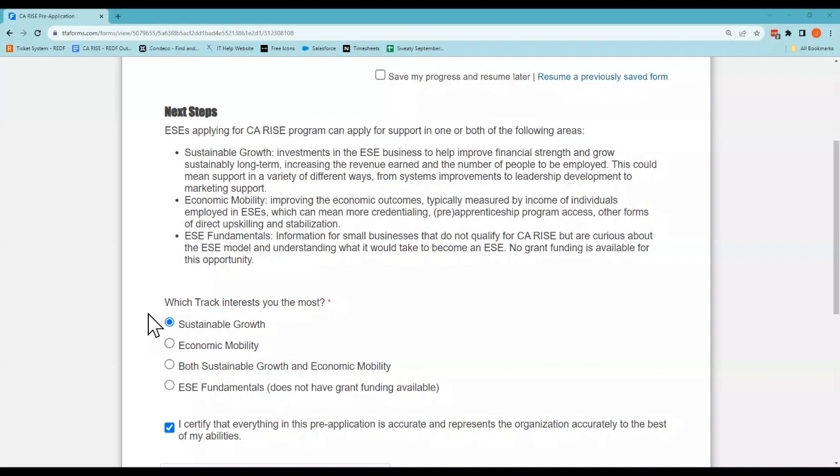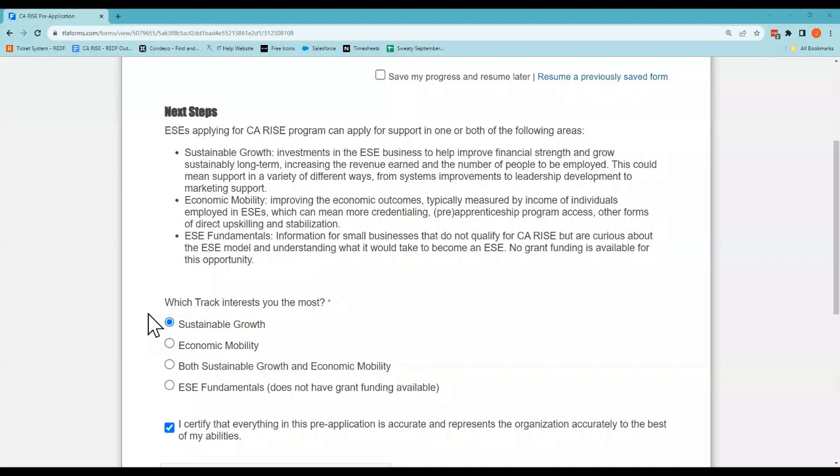Please note, the Employment Social Enterprise Fundamentals track is meant for small businesses that are not currently meeting all the requirements of an employment social enterprise, but are interested in learning more. Employment Social Enterprise Fundamentals does not come with grant funding. Application materials will confirm the track selection.